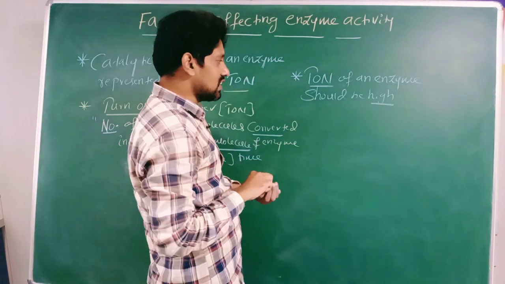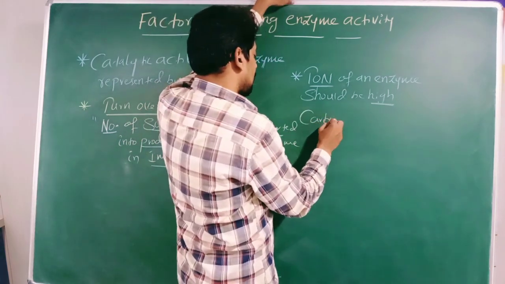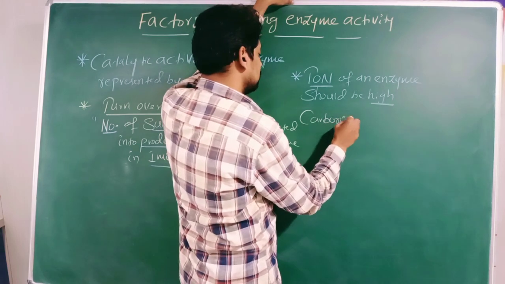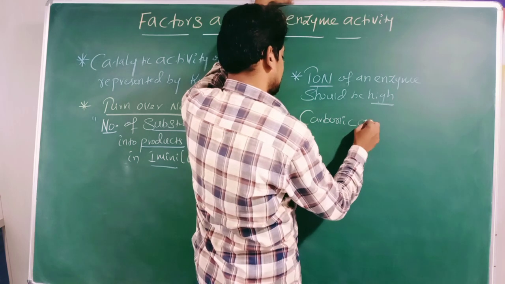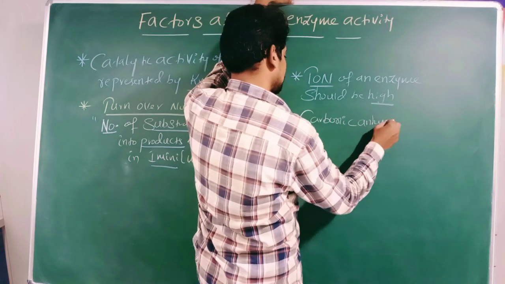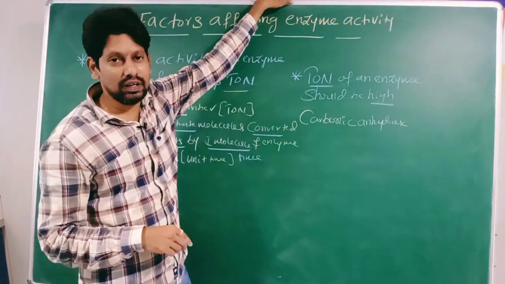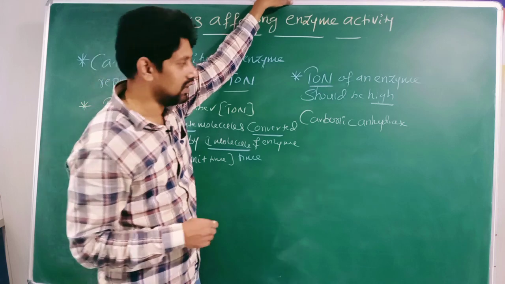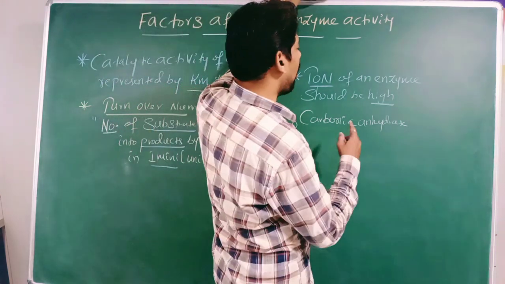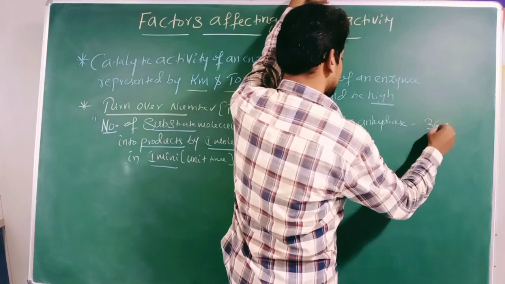Okay. For example, you take carbonic anhydrase. What is the enzyme name, sir? Carbonic anhydrase. Sir, the turnover number of this carbonic anhydrase is 360 lakhs.